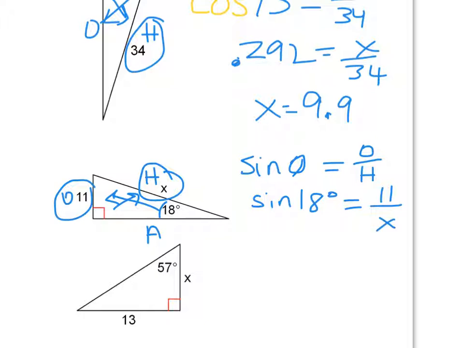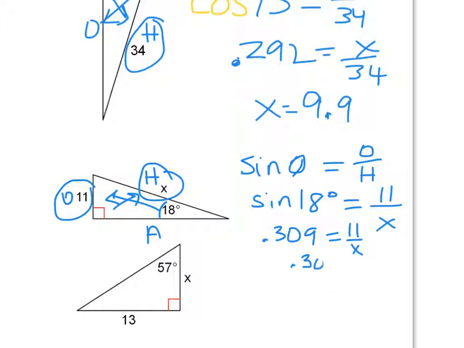So we're still going to start with looking up our angle. So sine of 18 degrees to 3 decimal places is 0.309 equals 11 over x. When I have x in the denominator, what I want to do is multiply it out.